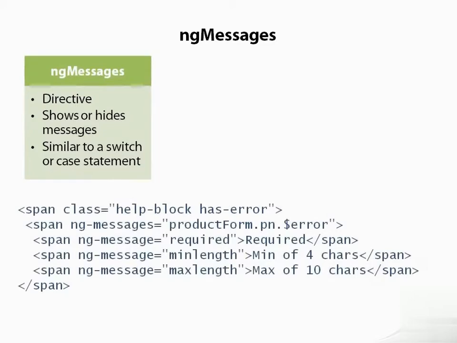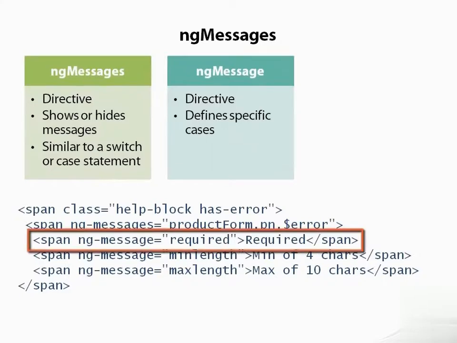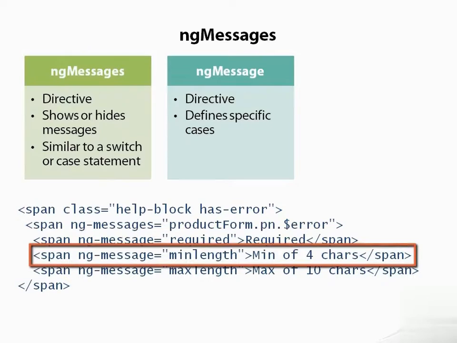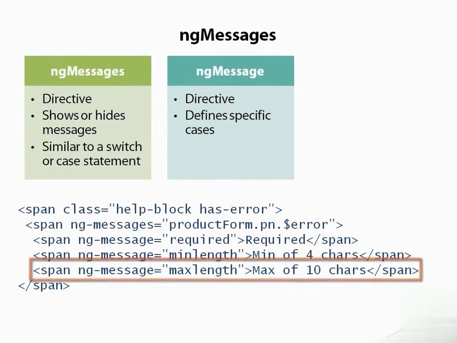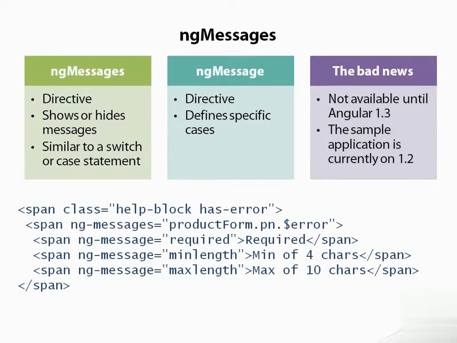This directive is similar to a switch or case statement. ngMessage is a directive that defines the specific cases. So the first message is displayed if the $error object contains a key of required with a value of true. The second message is displayed if the $error object contains a key of min length with a value of true, and so on.